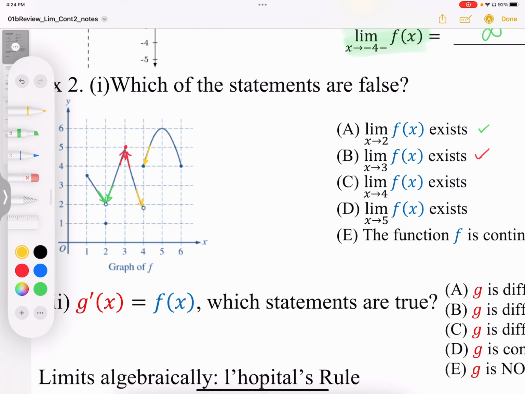But because the two-sided limit doesn't exist, this is definitely a false statement. Taking a look at D, we're going to approach 5 from both sides. The limit does exist, and the point exists as well. So this is not a false statement.